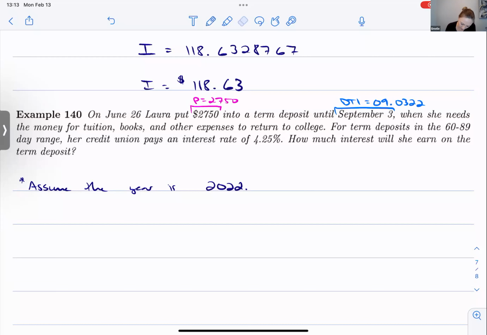Oh, sorry, that's date 2. Whoopsies. I missed it. June 26th, date 1, is 06, 26, 22.